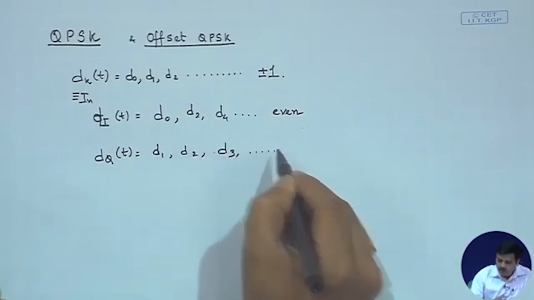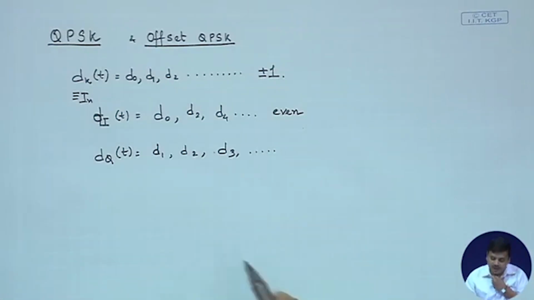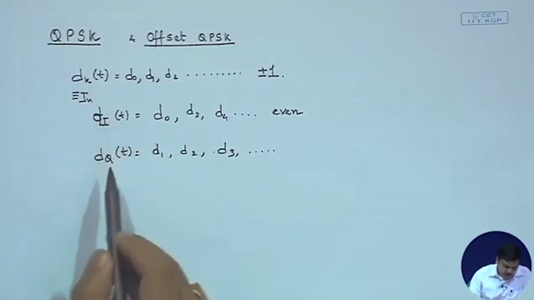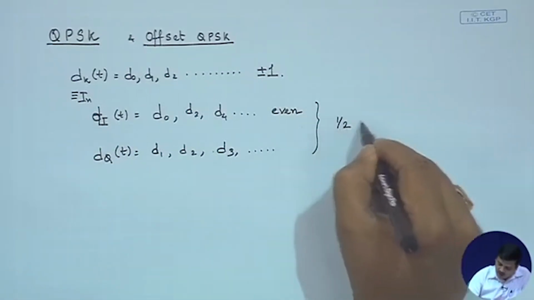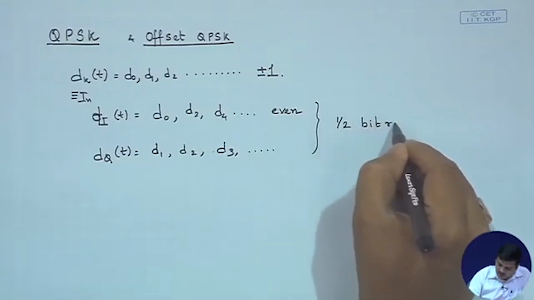We have already seen this in the previous lecture, but we are looking at it afresh because we are looking at QPSK. These d_I and d_Q each have half the bit rate.